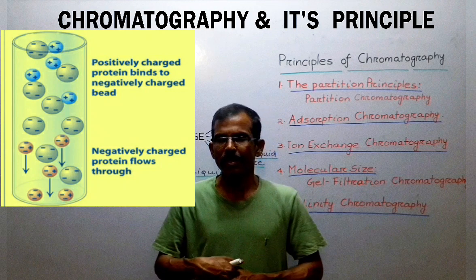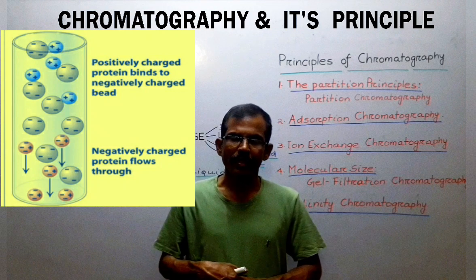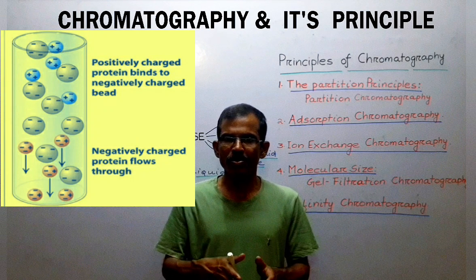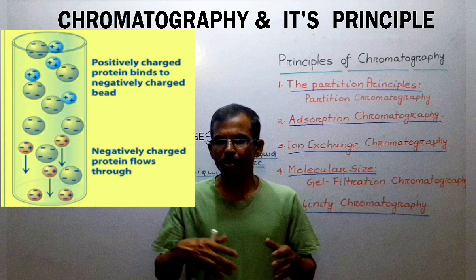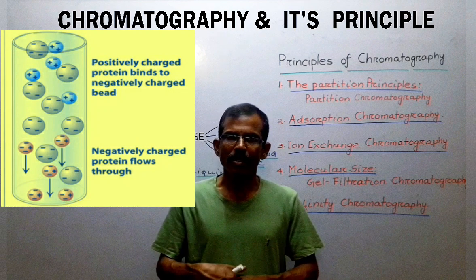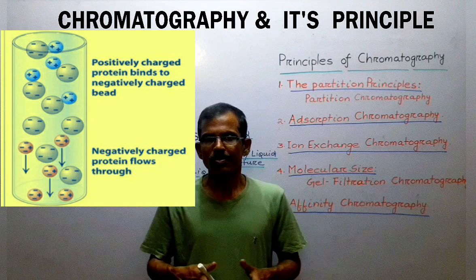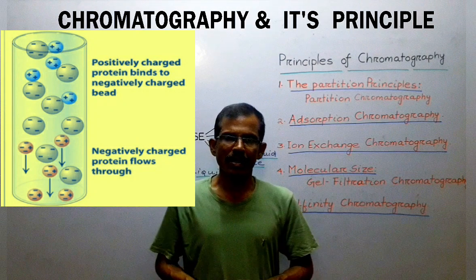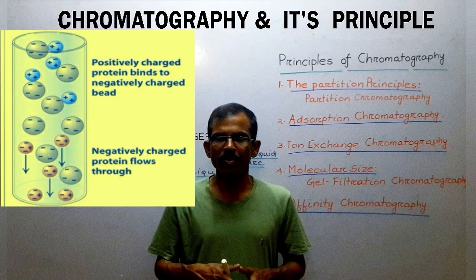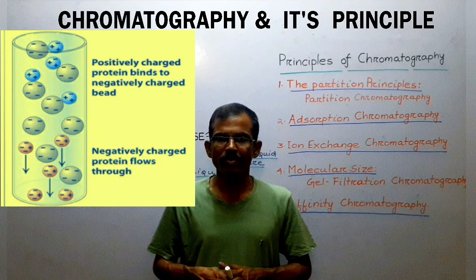As a result, they will be retarded. But the uncharged components and the positively charged ions will not be retarded to the same degree. As a result, they will be eluted out fast. So ion exchange chromatography is based on the principle of reversible exchange of ions.